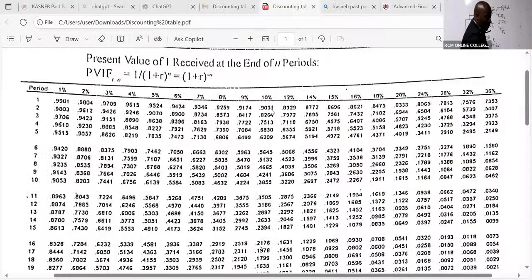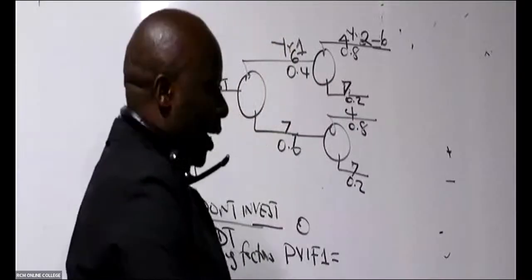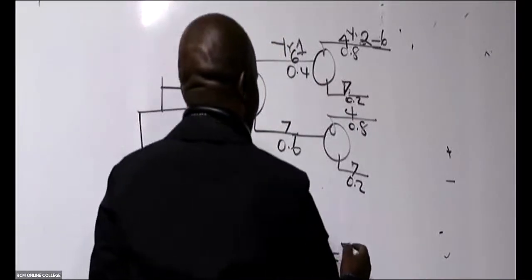So we have here 10% PVF. The present value factor for end of year 1 is 0.9091.